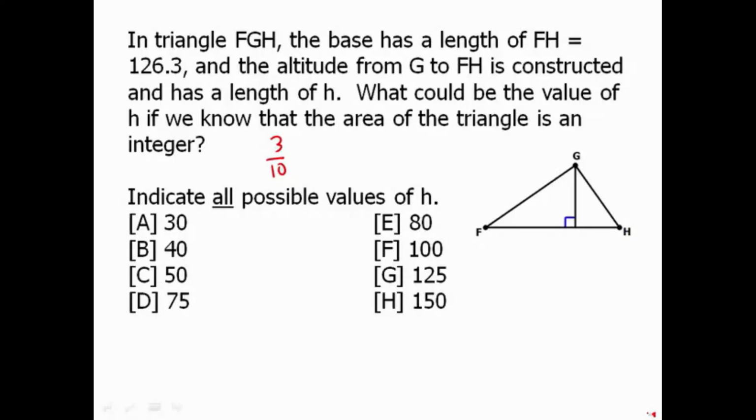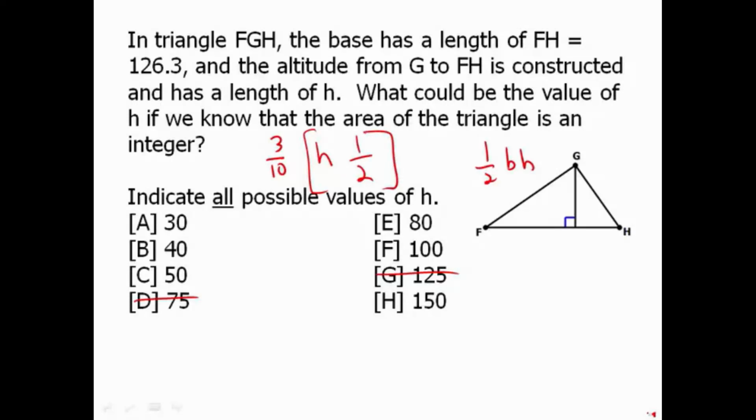So, first of all, things that are not multiples of 10 we can eliminate right away, but here's the really tricky part. We're going to multiply it by h, but the formula, of course, for the area of a triangle is 1/2 base times height. So we're going to multiply it by h, but we're also going to multiply it by 1/2. So 1/2 times h has to be a multiple of 10.